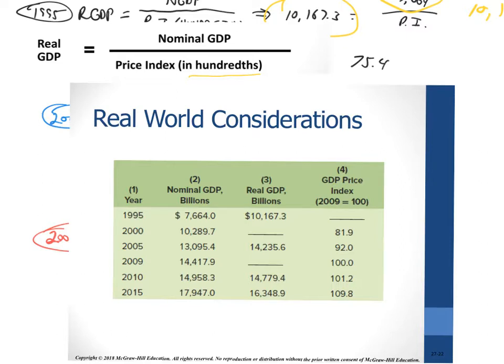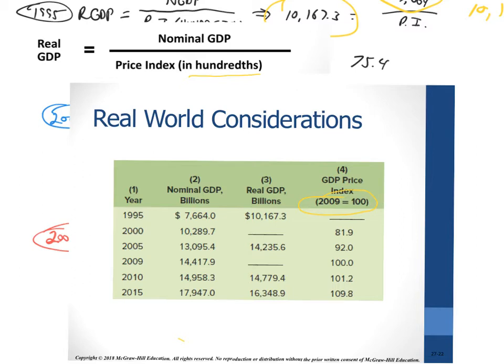The good news here though is 2009 is the base year. How do I know it's the base year? Because it says 2009 equals 100. And if that's the case, then you're taking the price of a market basket in 2009 as the numerator, and you're taking that same price of the same market basket in 2009 as your denominator, which will give you 1, and you multiply that 1 times 100, and there is your 100 for the GDP price index.